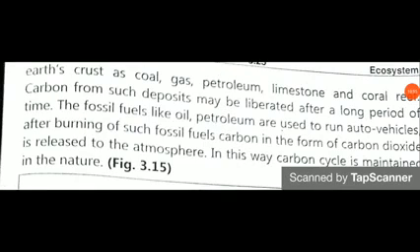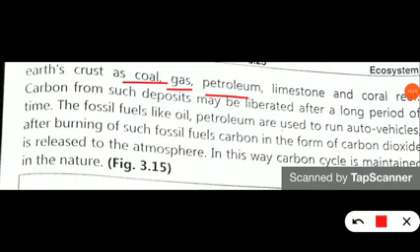Now the last part, the earth crust. In the previous slide I told that undecomposed organic matter of plants and animals is stored in the earth crust as coal, various gases, petroleum, limestone or coral reefs.